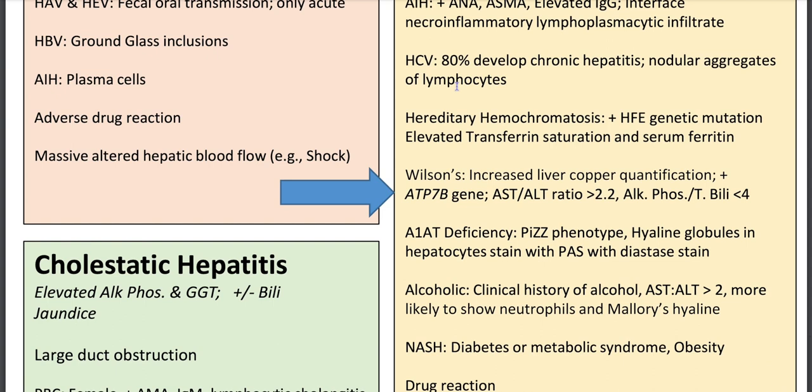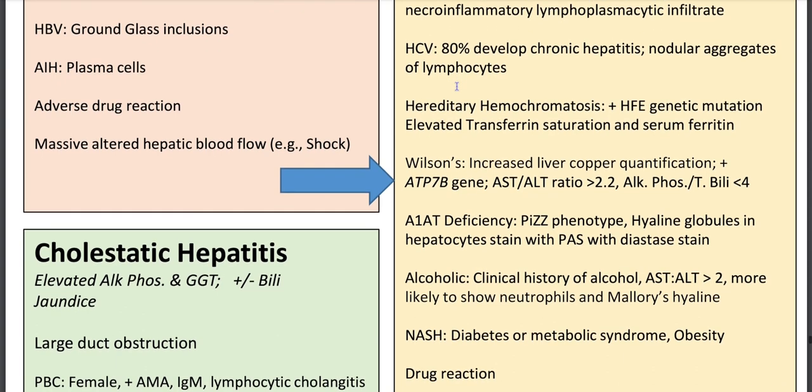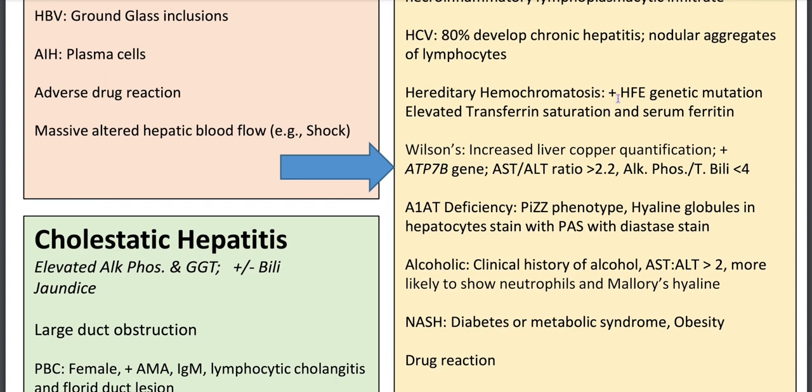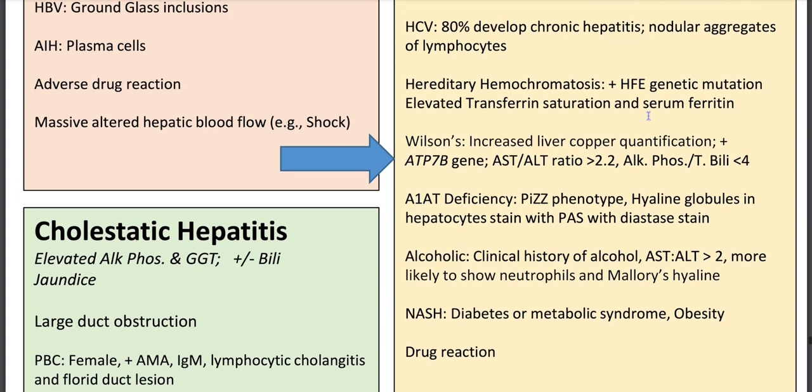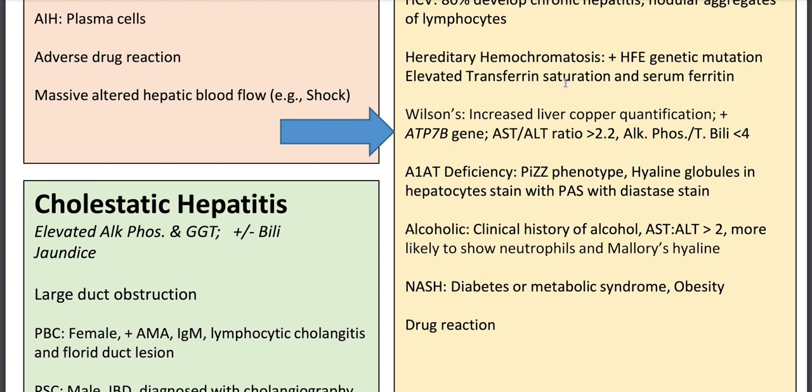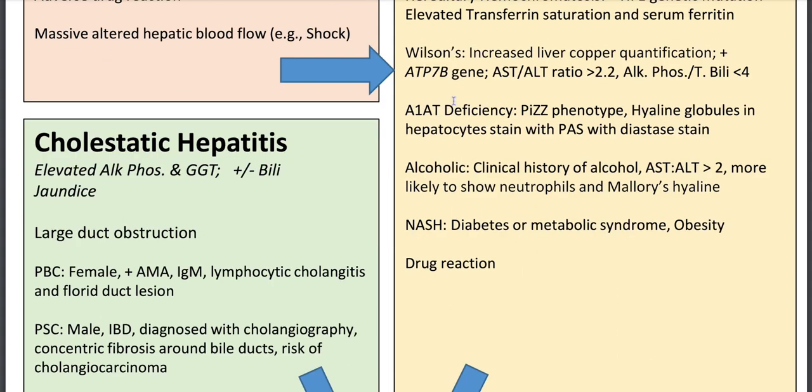Hep C, 80% develop chronic hepatitis. Look for nodular aggregates of lymphocytes. Hereditary hemochromatosis, HFE genetic mutation, elevated transferrin saturation and serum ferritin. Wilson's, increased liver copper, ATP7B gene. And alpha-1 antitrypsin deficiency is PiZZ.